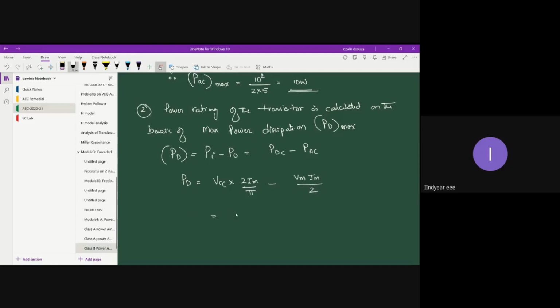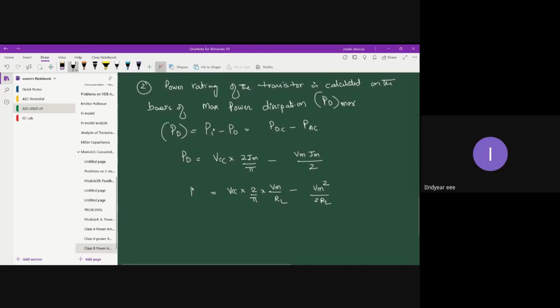This can also be written as VCC into 2 by pi, and in place of Im, let me write Vm by RL, or RL dash, doesn't matter, if you were to refer RL onto the primary side. And Im can be written as Vm by RL, so this becomes Vm square by 2RL. So that is your PD.